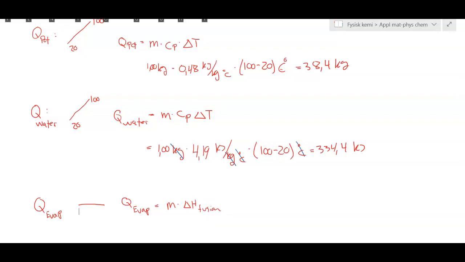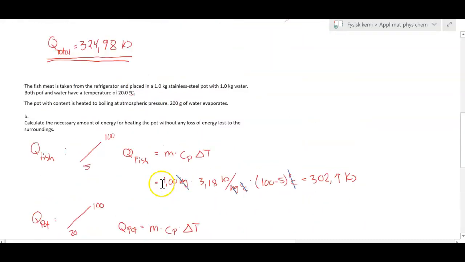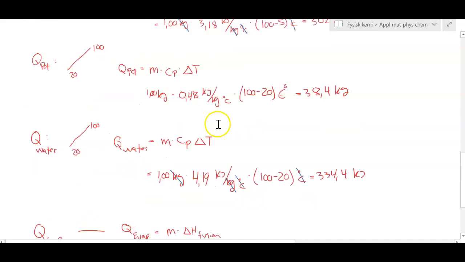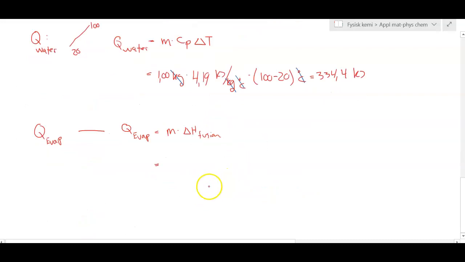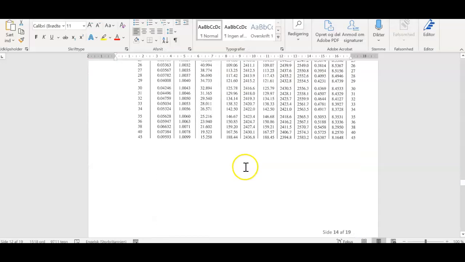So we go here and say the mass of water was 200 grams, right? 200 grams of water. But we want everything in kilos. So that is 0.200 kilos times the delta H of water. So we go to the tables and scroll down here.